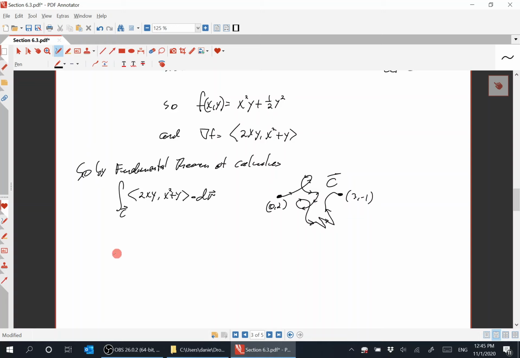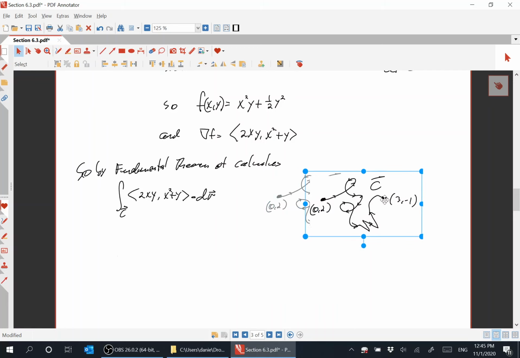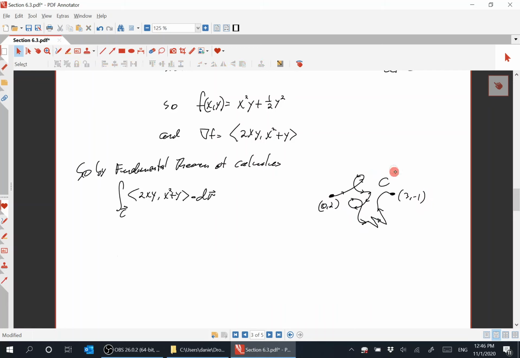The vector line integral over this curve C is just equal to that antiderivative, x squared y plus 1/2 y squared, from the beginning point to the end point.